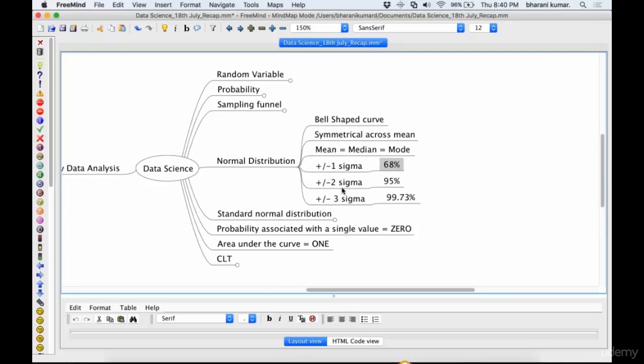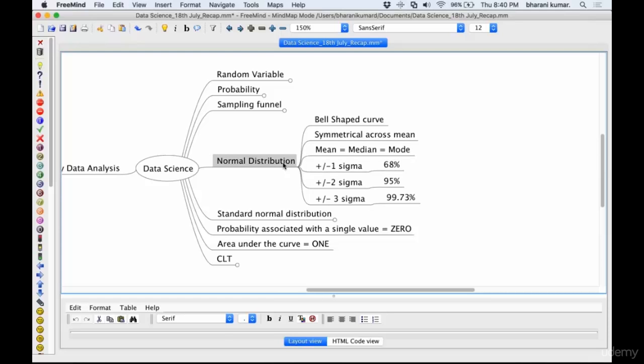Plus minus 2 sigma, if you can fit in 2 standard deviations on either side, 95% of the products or services would meet the customer requirements, and if it is plus minus 3 sigma, then you'll have 99.73% of products or services which meet the customer requirements.